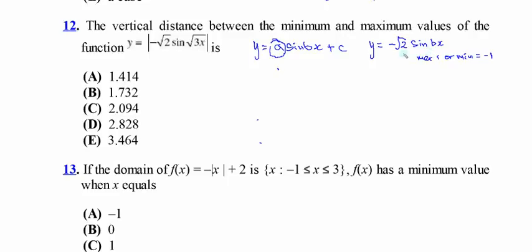Now if you look at this graph, we are not looking at the absolute one. Okay, we look at the minus square root 2 sine Bx. Okay, if you plot this, I mean if you sketch this, because of the negative, that means it will actually go down first and then come out to complete one cycle.